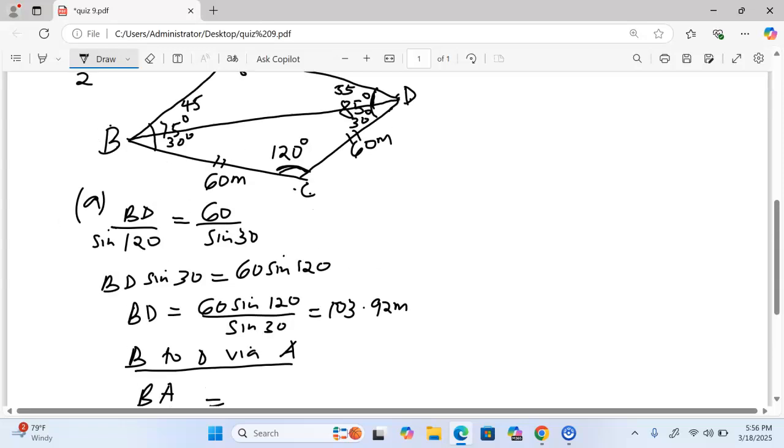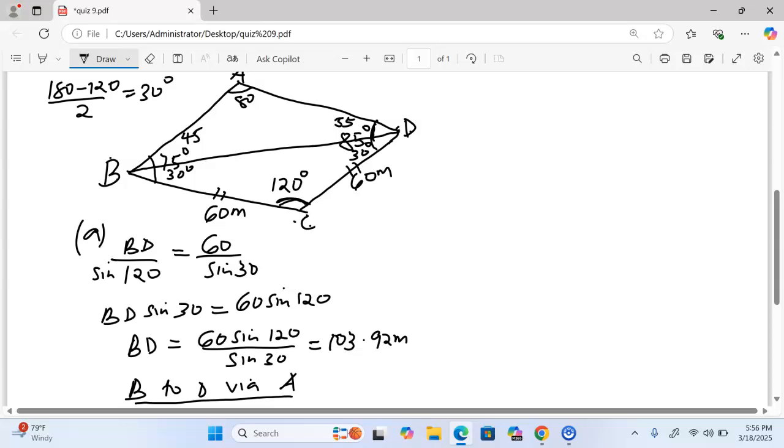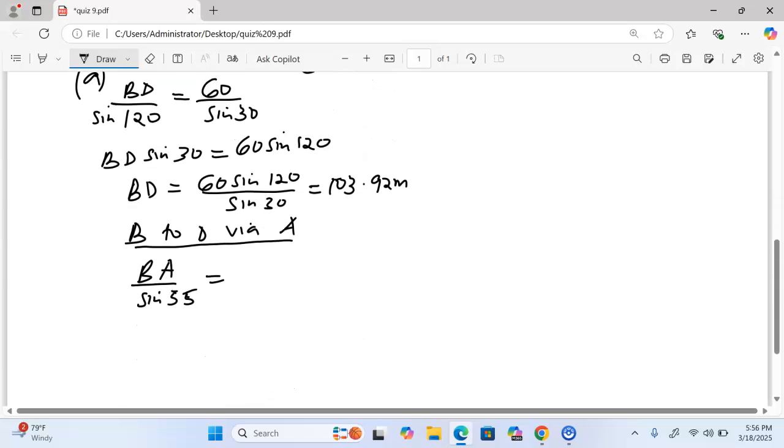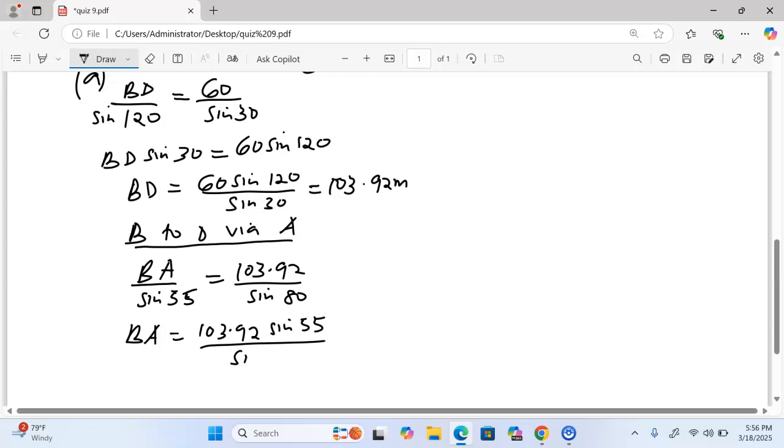And this must be equivalent to BD, using the angle that corresponds with BD, which is 80 degrees. So our BD is 103.92, divided by the sine of angle 80. If you cross multiply, our BA is going to give us 103.92 sine 55 divided by the sine of angle 80, and this one again BA will be approximately 86.44 meters.